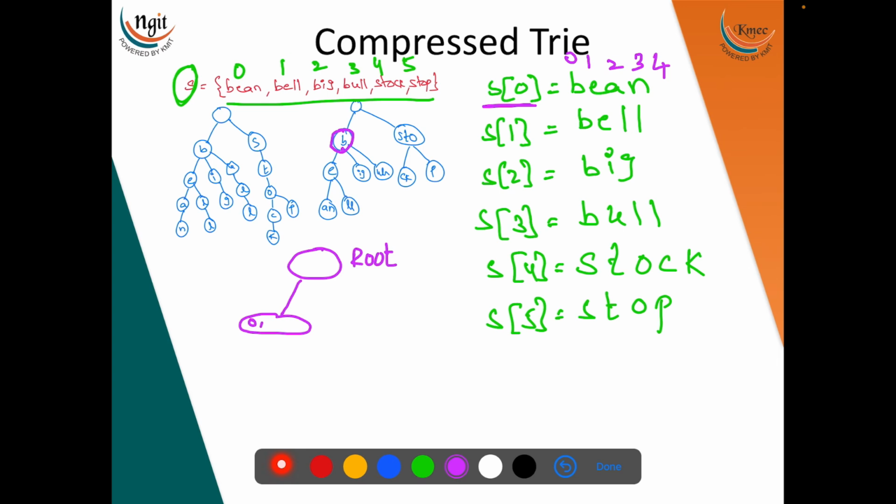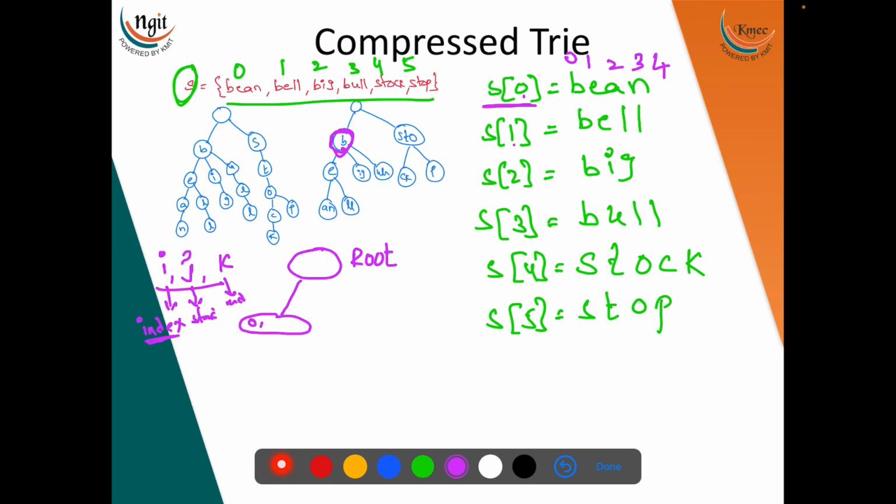I'll write 3 things here: I, J, K. I indicates the index of the string, whether it is S of 0, S of 1, S of 2. J is the starting of the word and K is the ending of the word.